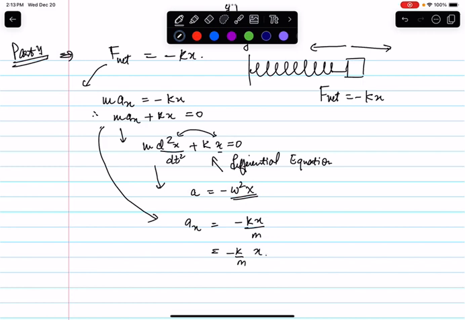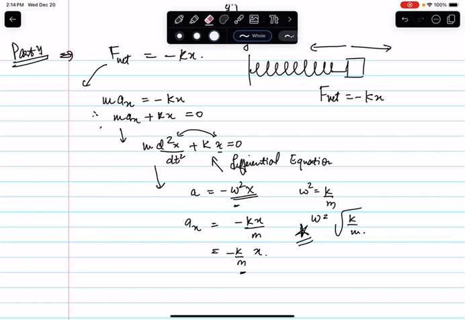And you see over here that this omega squared and k by m become equal. So omega squared is k by m, so therefore omega is the square root of k by m. Okay? That's the important thing that you can see over here, right?